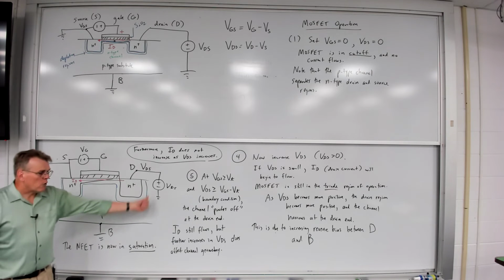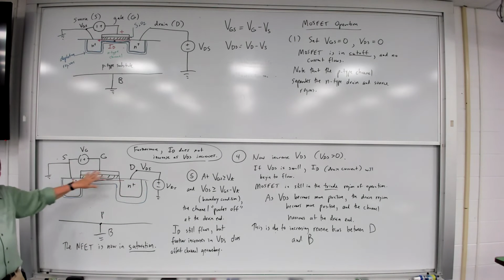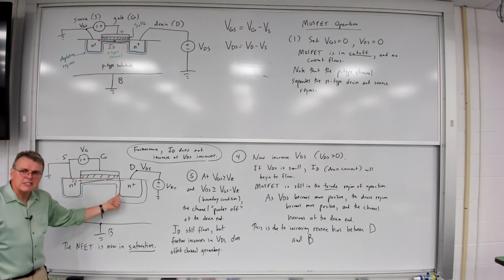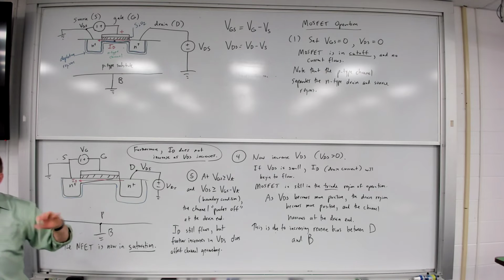So if we increase the drain source voltage, it's going to have relatively little effect on the current going through there. Now, it's not zero. When I say it has no effect, that's not really true. There is actually going to be a slight increase in current, as you're going to see in a minute. But to the first order, we say that the current remains constant.